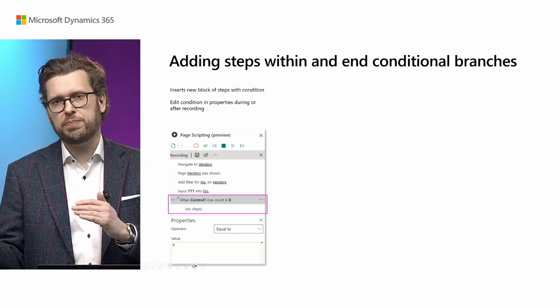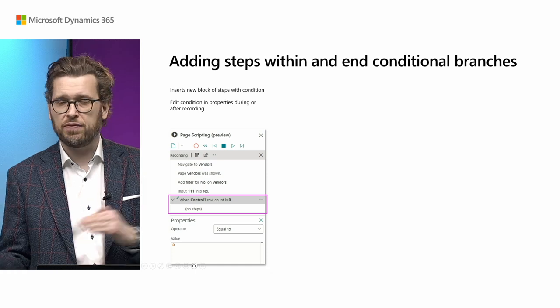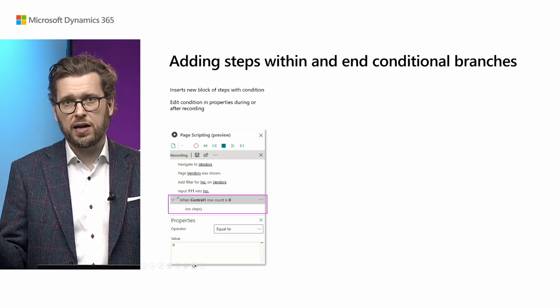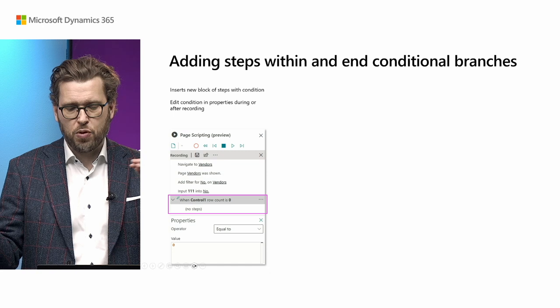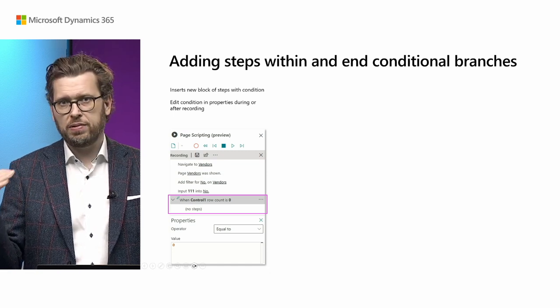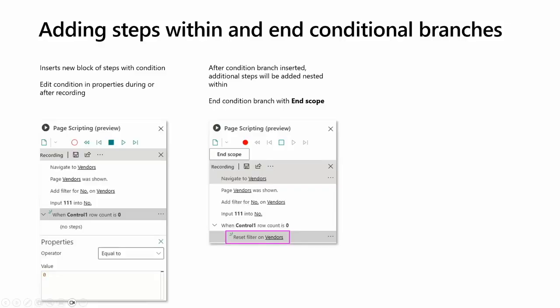And you can see that the steps below are kind of nested inside. That's because now we created a branch, or nesting, where everything that we record will happen only if that condition is met. So here I ran a step that then became nested under that conditional branch, right?